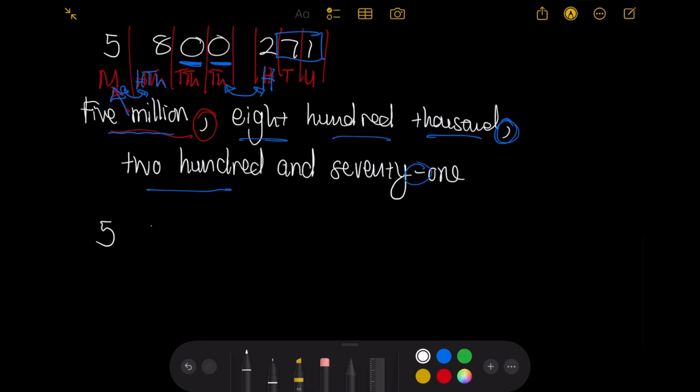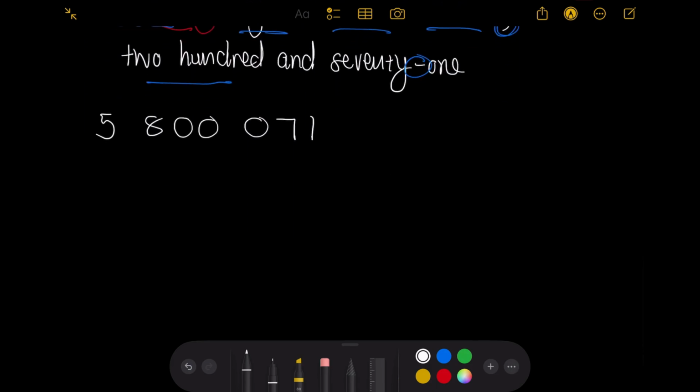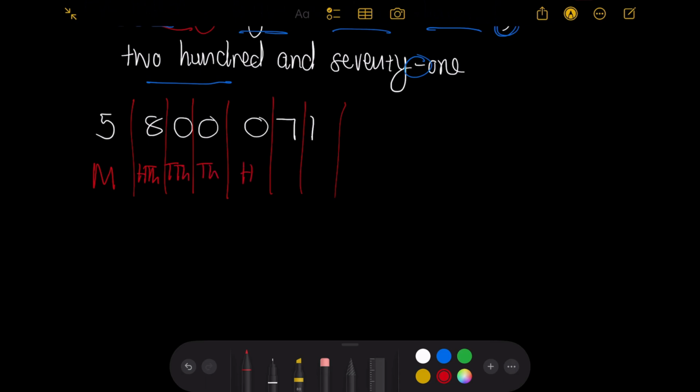So then when we think about another example, and let's pretend we have this case. Let's say we have 5 million. So in this case, we go through the same process that we always follow through. This is a million, this is 100,000, this is in tens thousands, this is in thousands, this is in hundreds, this is in tens, and this is in units.